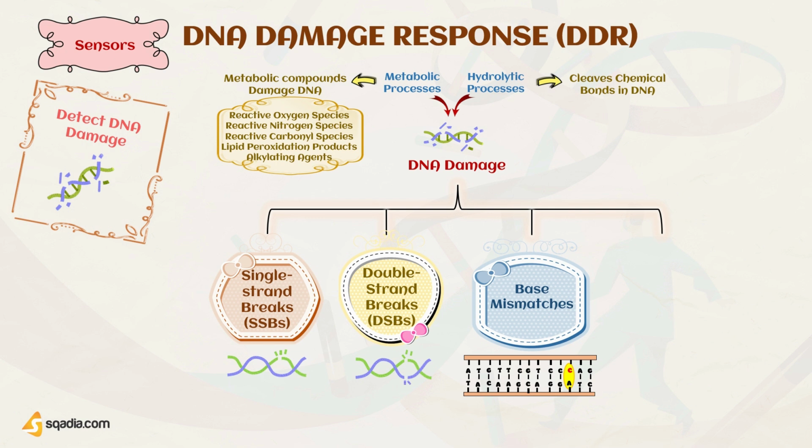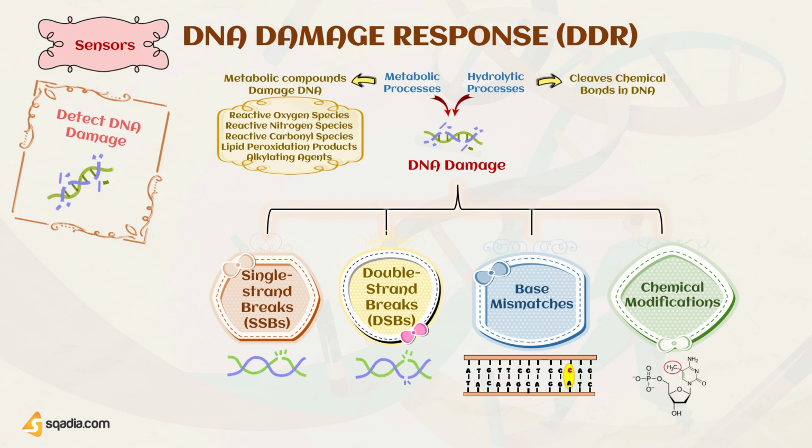If left unrepaired, base mismatches can lead to mutations, which can result in diseases such as cancer, and chemical modifications. These occur when chemicals, or reactive oxygen species, or ROS for short, modify the DNA molecule, altering its structure or function.